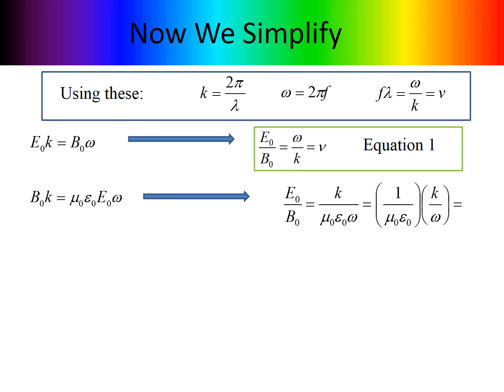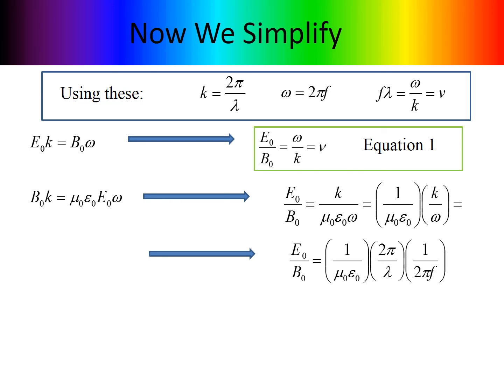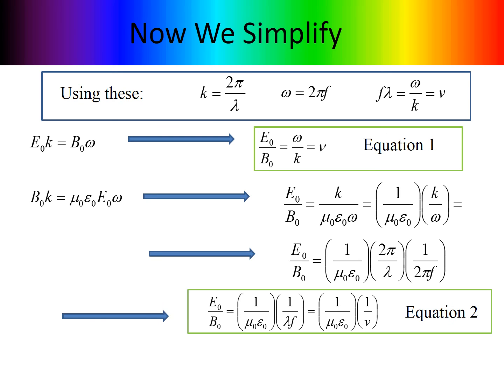And we have expressions for k and omega up top, so we're going to plug those in. Plugging those in gives 2 pi over lambda for k, and 1 over 2 pi f for omega. And so the 2 pi's cancel, and we're left with 1 over mu sub 0 epsilon sub 0 times 1 over lambda f. But it turns out that lambda f is speed.